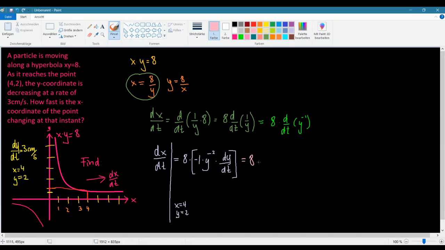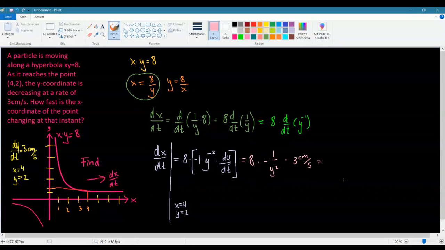Let's make this 8 times negative 1 over y squared. Well, when we plug in y, that negative is going to go away. Times 3 centimeters per second, because that's our rate of change of y, right?